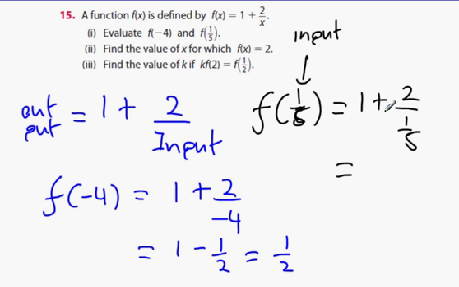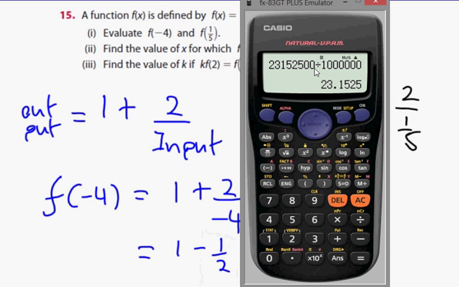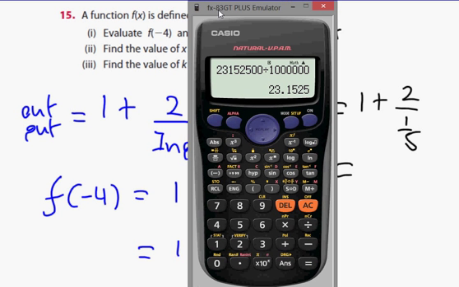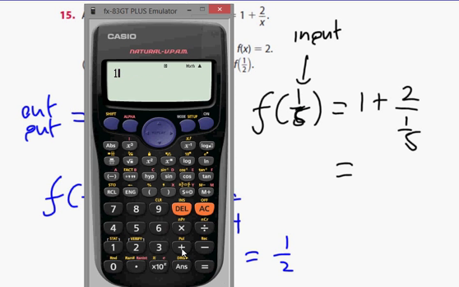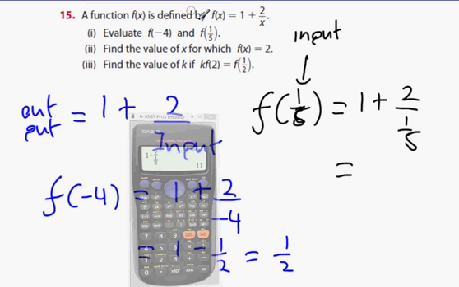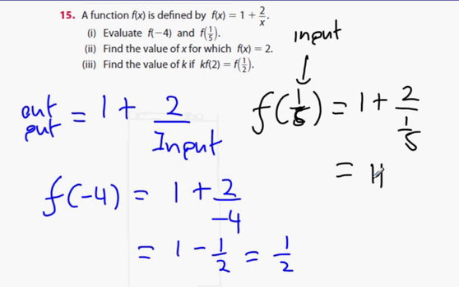Put that into your calculator and you should get 11. Okay? That's grand, yeah? A half and 11.